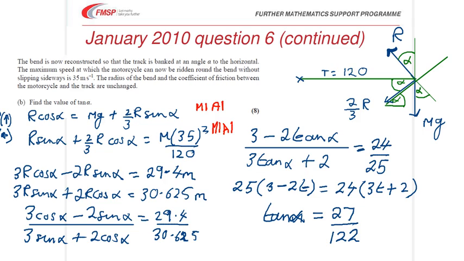Then there were 3 method marks and just 1 accuracy mark, reflecting the fact that it was fairly tricky working out. So I'll just say M3 A1. Right, 3, 4, 5, 6, 7, 8. That's the 8 marks for this.